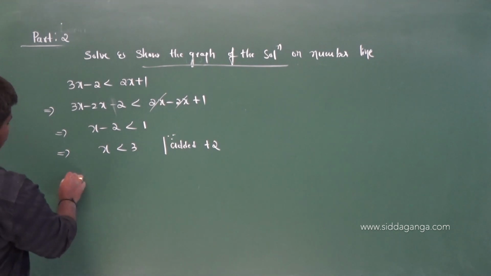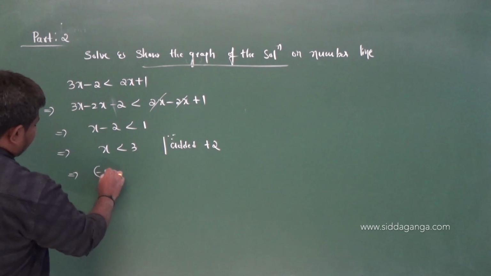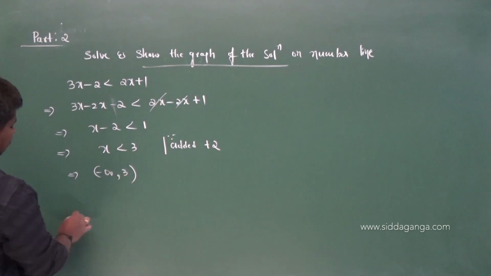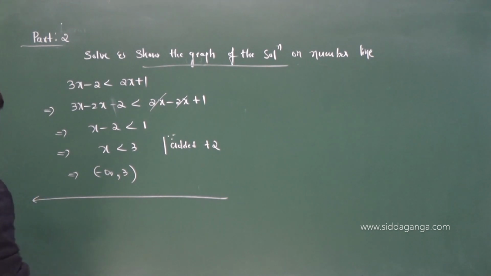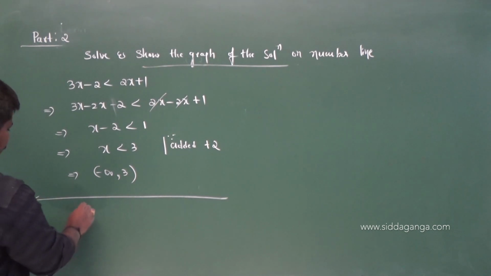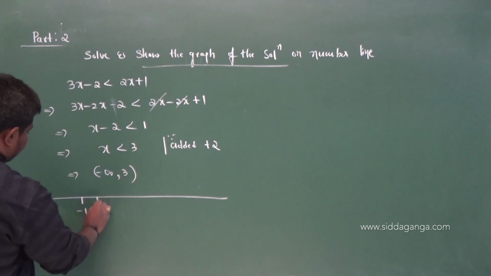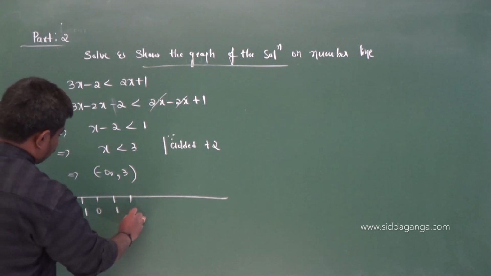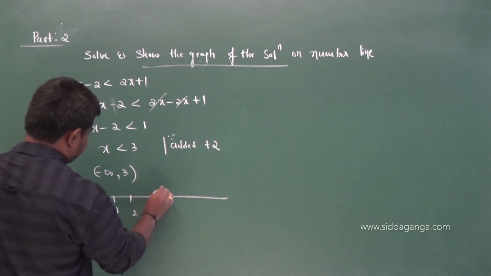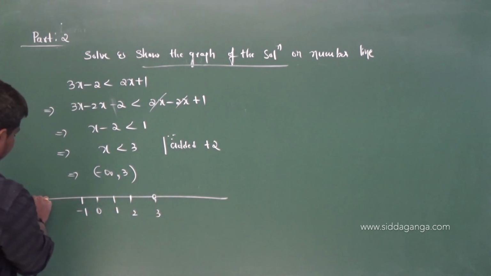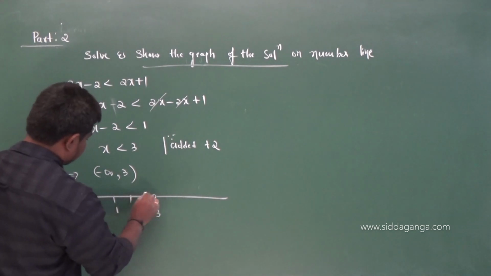So the solution is minus infinity to 3. On the number line, minus 1, 0, 1, 2, 3. So 3 is not included, so less than 3, shade like this.